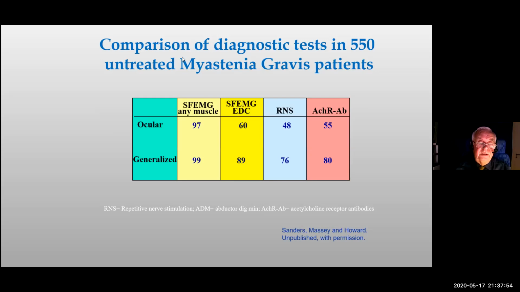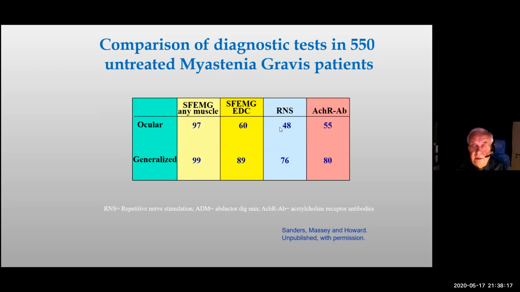And here is an old comparison of sensitivity, the single fiber and the repetitive nerve stimulation and antibodies. And you see single fiber sensitivity of 97% in ocular, 99% in generalized myasthenia.